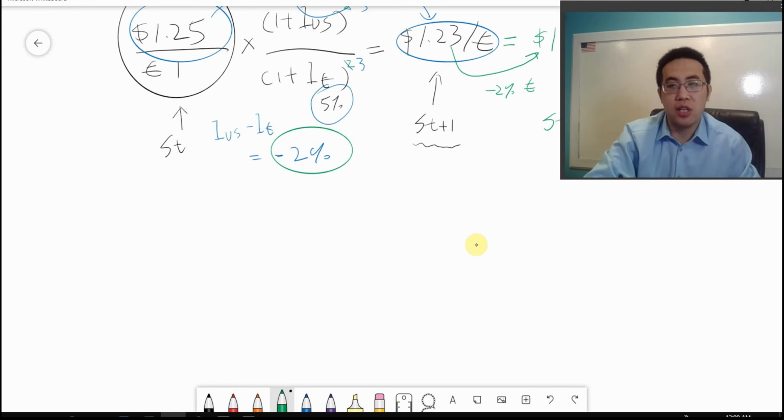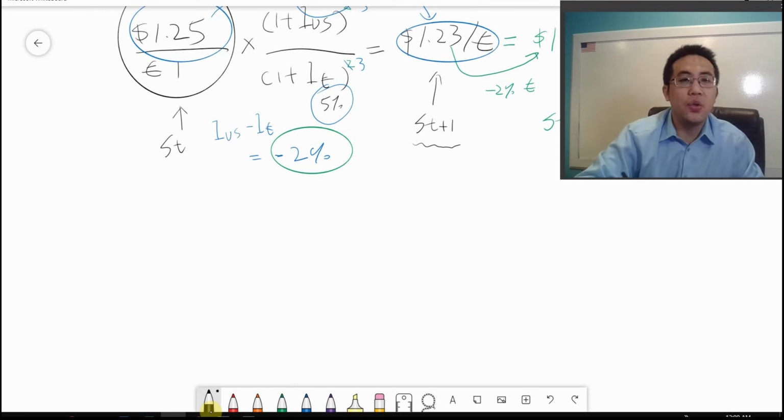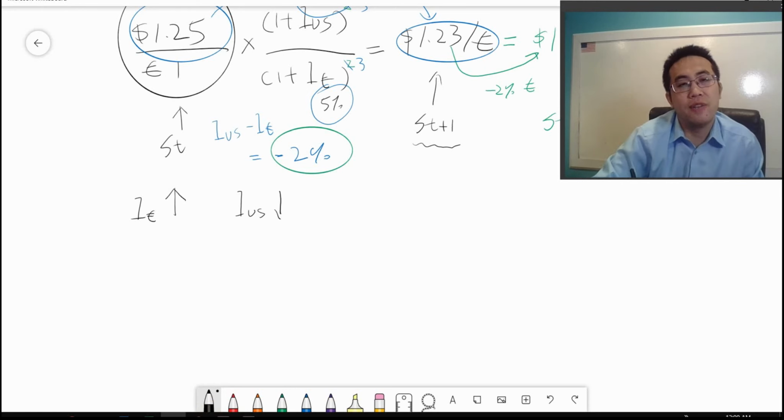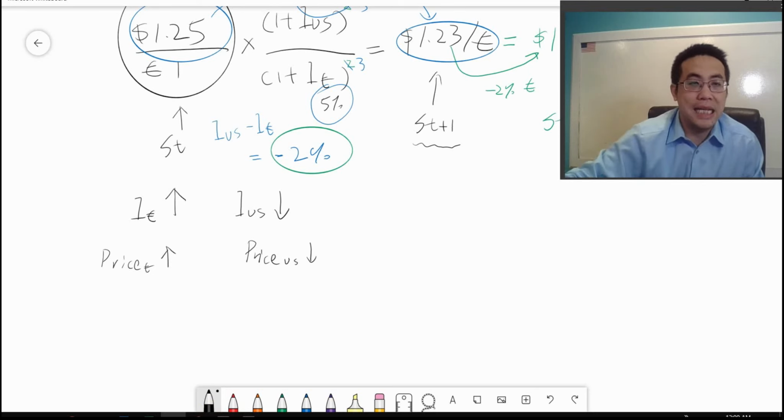If we get into the details in this example, the Eurozone has higher inflation and the US inflation becomes relatively lower, so the euro price would be larger and the US price would be relatively lower in the eyes of the Europeans.